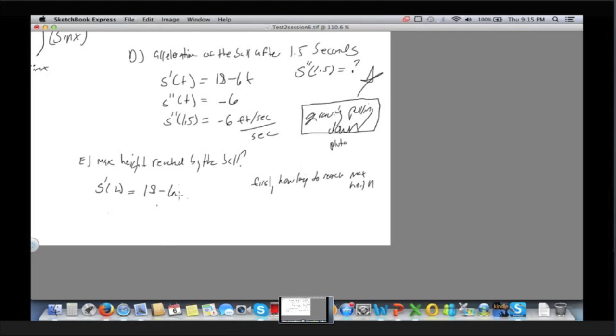S prime of t, the velocity is 0, so 0 equals 18 minus 6t, and t equals 3.